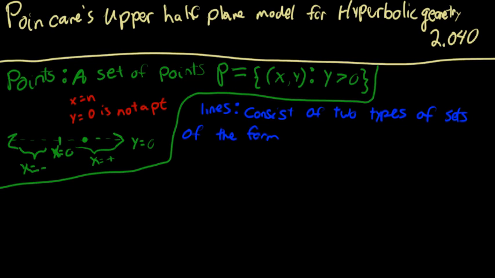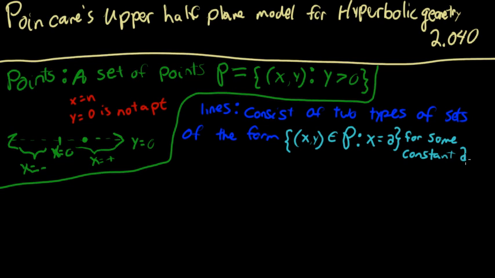Let's do this one in turquoise. So they can be of this form right here, where it's x comma y, such that x and y here have to be points. So we'll just say element of P, such that x equals a, and that's for some constant a.